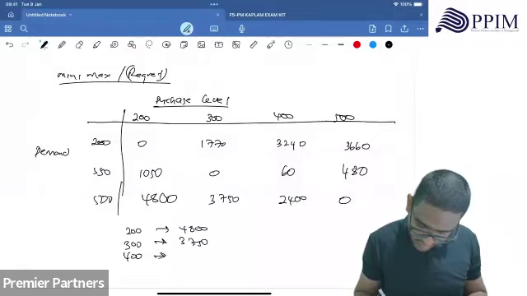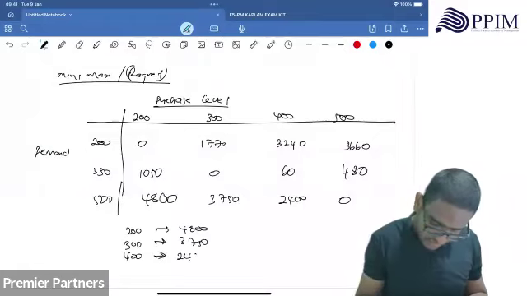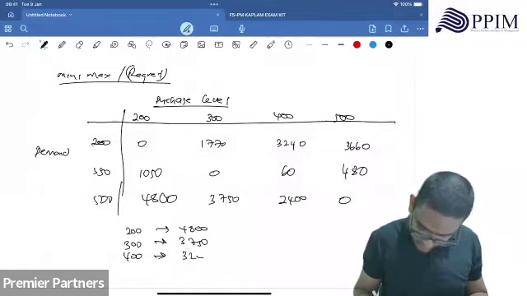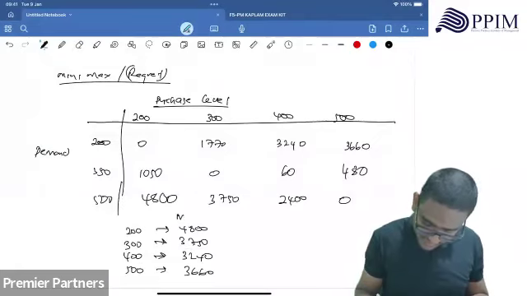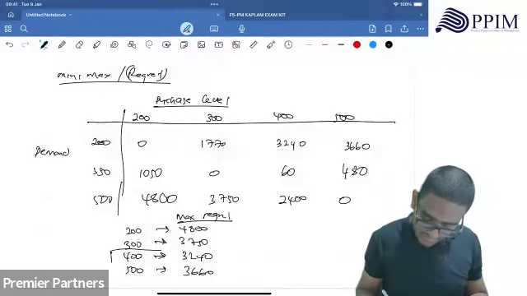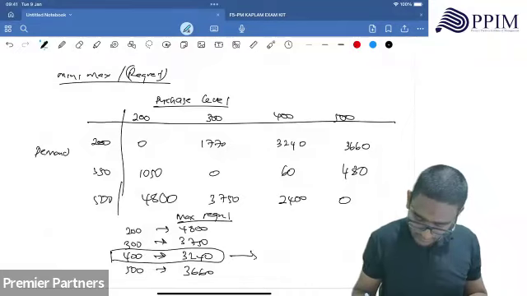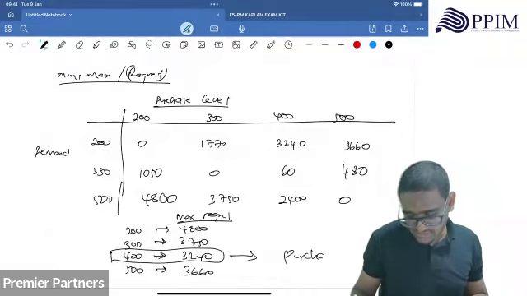At 400, sorry, 3240. Maximum regrets. At 500, 3660. So this is your max regret. From the max regret, select the minimum. So purchase 400 tickets.